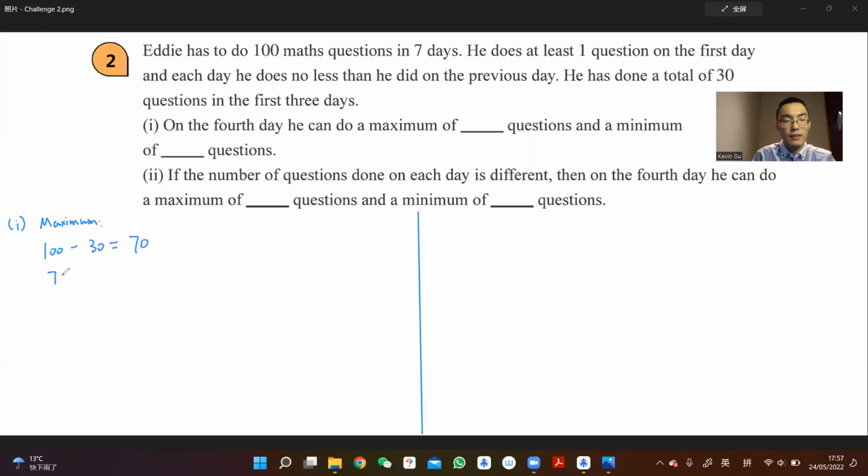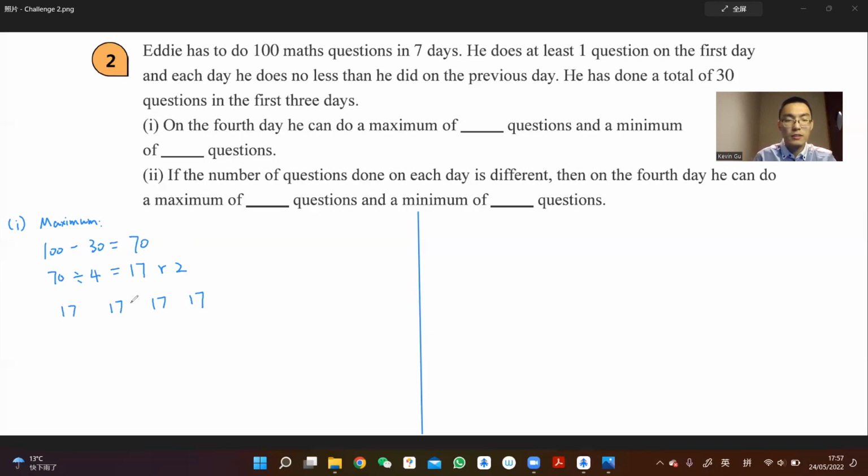So to make the 4 numbers as equal to each other as possible, we divide 70 by 4, giving us 17 with a remainder of 2. So let's write down 4 17s with the 2 as a remainder. We can either add this 2 to one of the 17s or split it up into 2 1s and add into 2 17s.